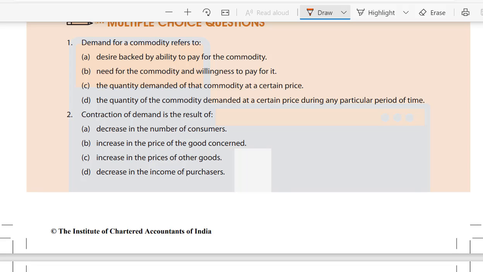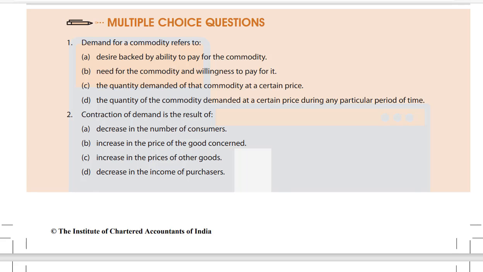Or D. The quantity of the commodity demanded at a certain price during any particular period of time. So as you can see, the quantity of a commodity demanded at a certain price during a particular period of time is basically known as demand. Understood?